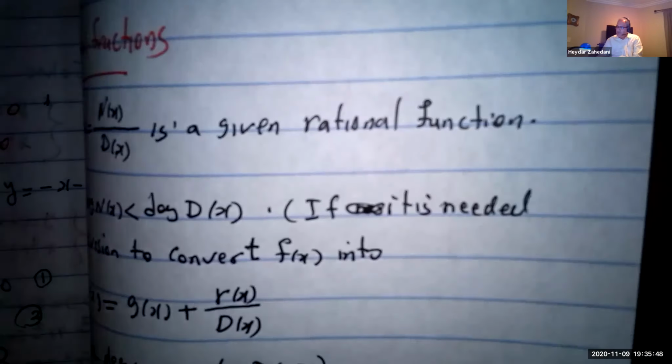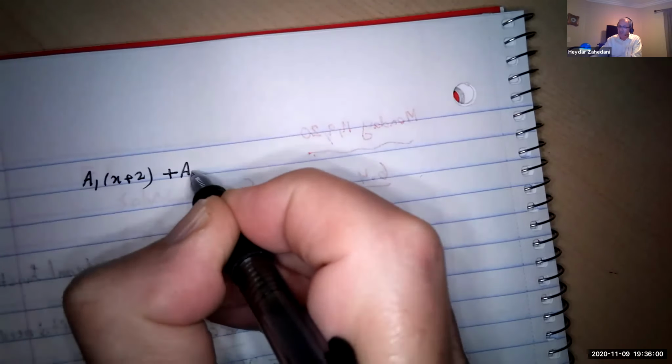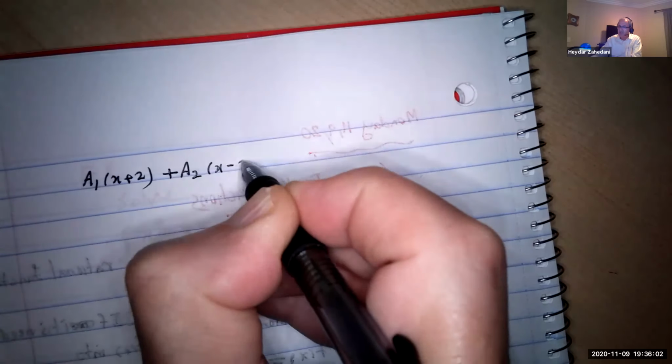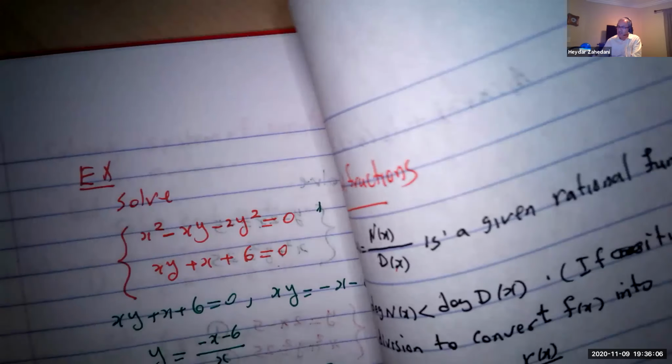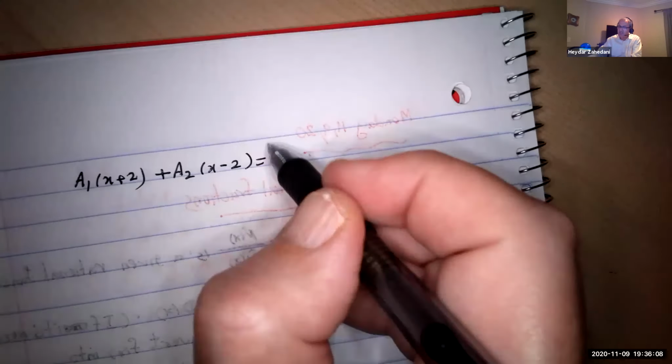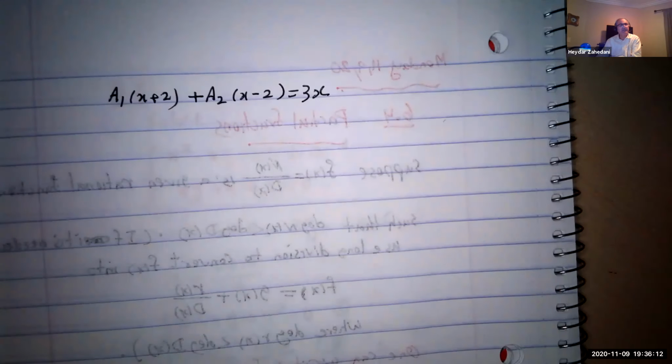So on the top, we have a1 times x plus 2, and a2 times x minus 2, and on the other side you have 3x.